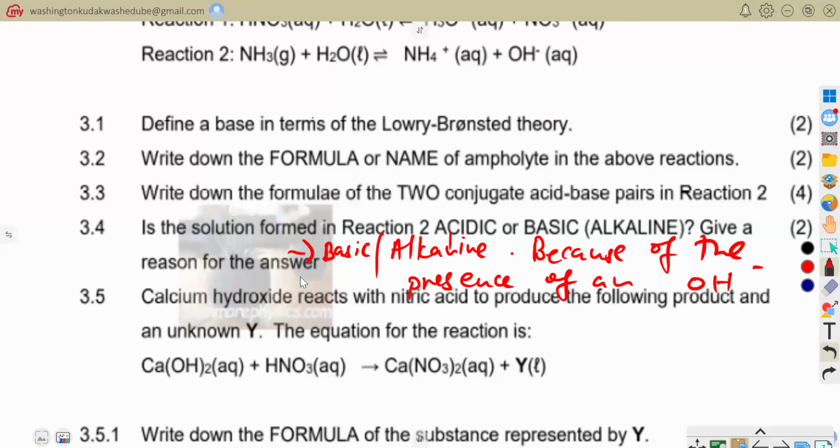Someone would have said that we are reacting a weak acid with a strong base. So this one is a very weak acid with a strong base. So if you actually get to react a strong base with a very weak acid, you will form an alkaline solution.